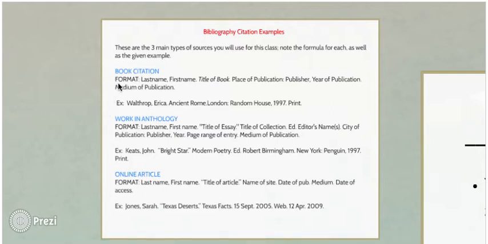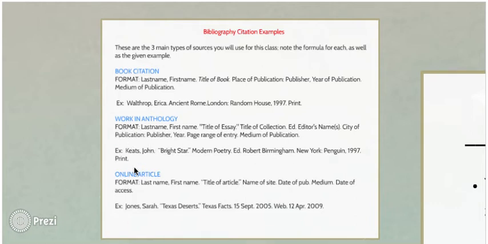These are the 3 main ones you're going to be using in this class. So a book citation, I've given you the format right here. A work within an anthology, which is what you guys will be using a lot. So you guys will have, say, for example, an essay by John Keats or a poem, you'd say Keats, John, the title of the poem, where it came from, the anthology name, any editors on it, the publishing city, the publishing company, and the year, and then what medium it's in.